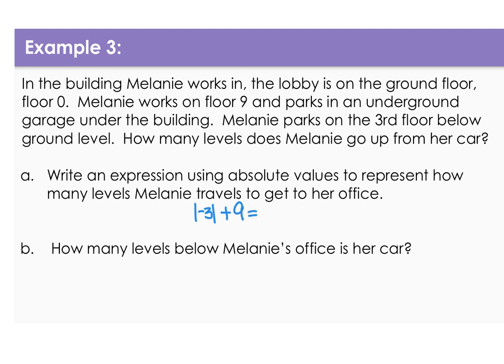So we're going to want to do the absolute value first. So the absolute value of negative 3 is 3. We're going to add 9. And she travels 12 floors. How many levels below Melanie's office is her car? So we just did that, and it is 12 floors below.